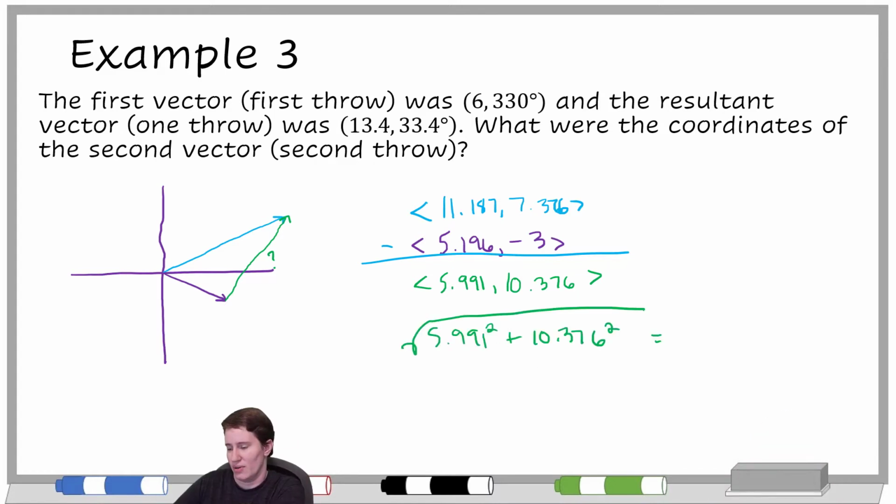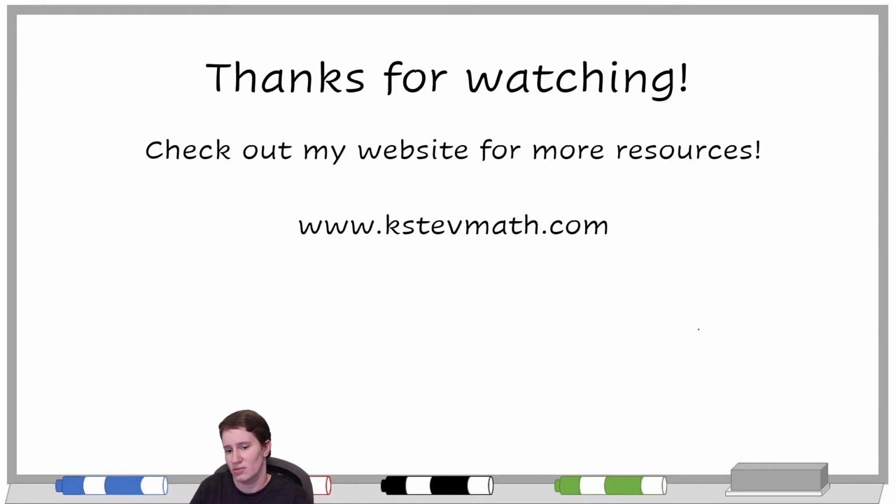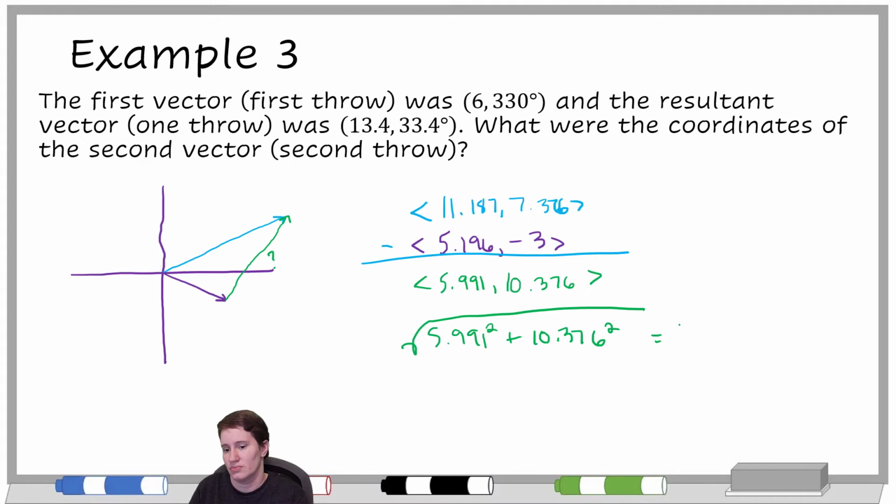So if we round this to 1 decimal place, we get 12. And then we're going to inverse tangent. If you imagine that the origin is here, this looks like an angle in the first quadrant, so we shouldn't have any issues using inverse tangent.